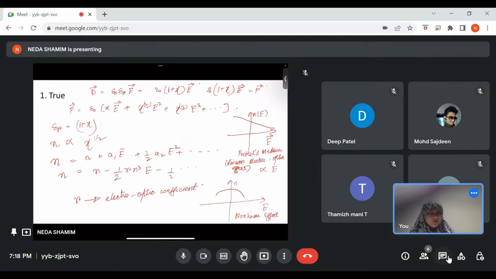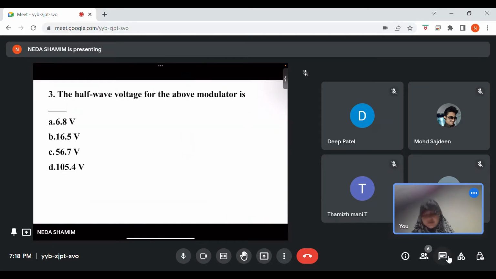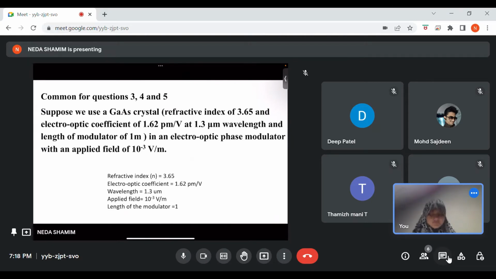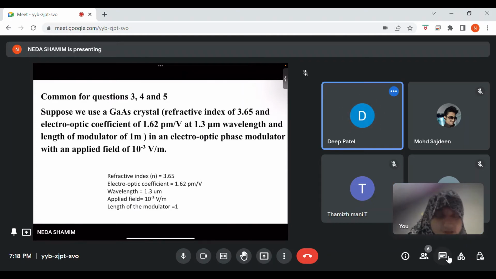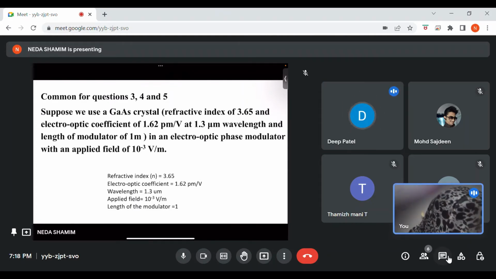Okay, now let us move on to the next question. Do you guys know what Pockel's effect is? This is a very basic question. Yes, a phase modulator, you're on the right path.